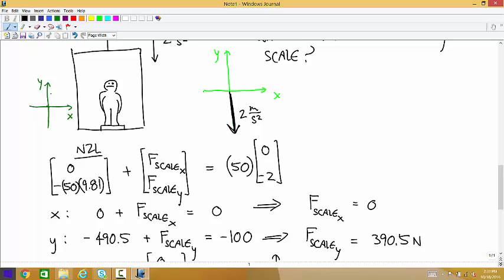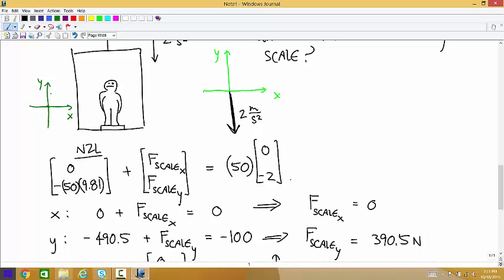If the acceleration was 0, positive 1, the y equation would say negative 490.5 plus F scale y is equal to positive 50, and that would give you F scale y is equal to 540.5. So what changes that value is the acceleration on the right side of that equation.